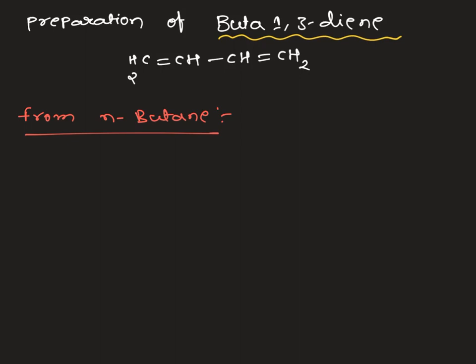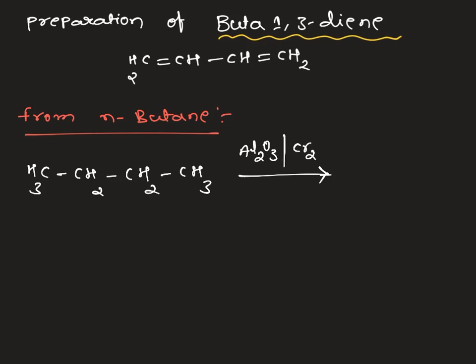N-butane is heated in the presence of a catalyst, alumina and chromium oxide mixture, at a very high temperature, 500 to 600 degrees centigrade.